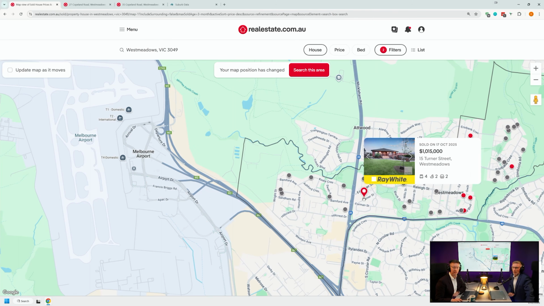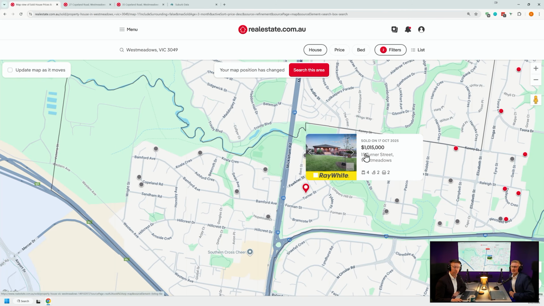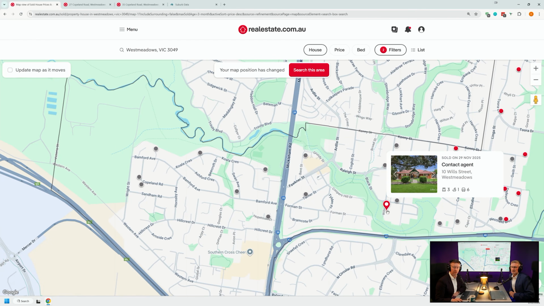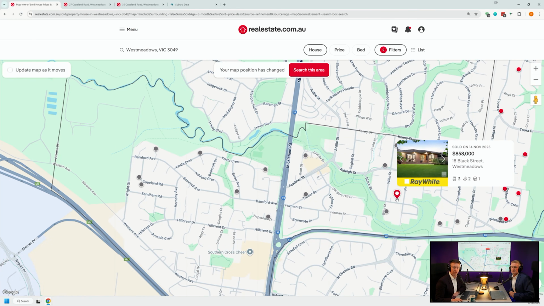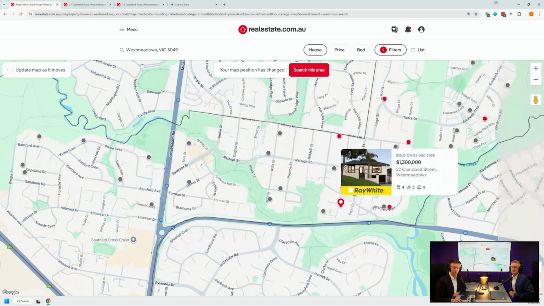Is there plans to somehow eventually get townhouses? The problem is there's such a small sample size, whatever data you read from it. This is houses, this is townhouses, this is terraces, this is villas, it's just going to be rubbish. You've got a $1 million one, so it looks like it's on a bigger block. So again, contact agent, 850, 1.3.